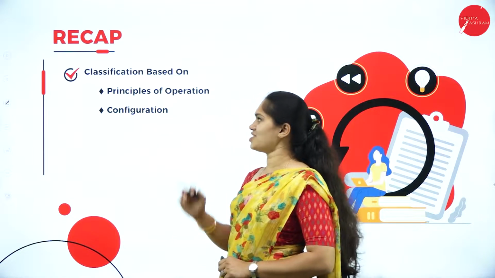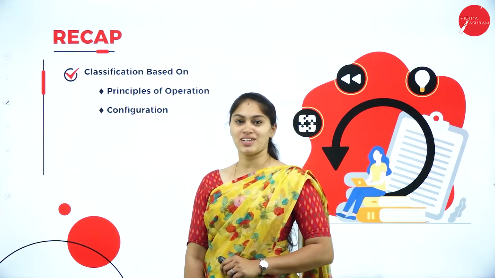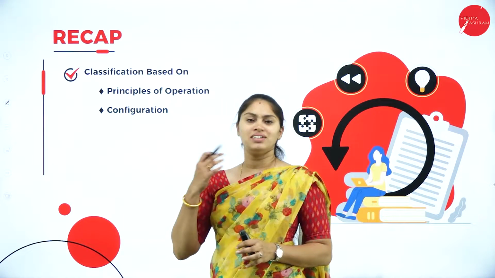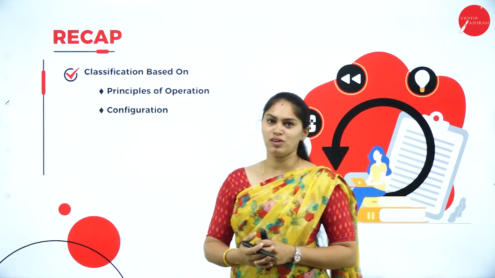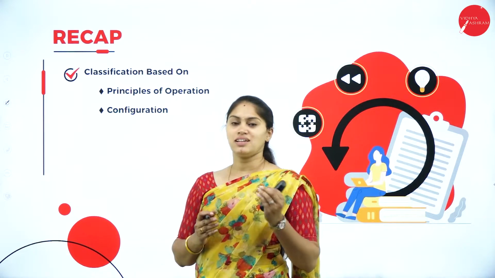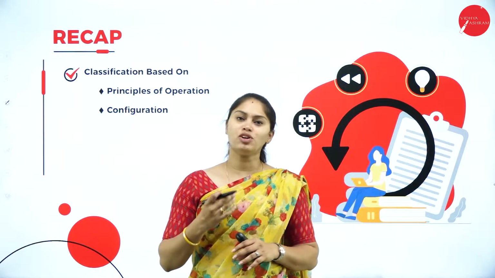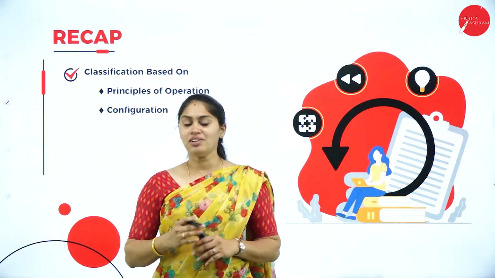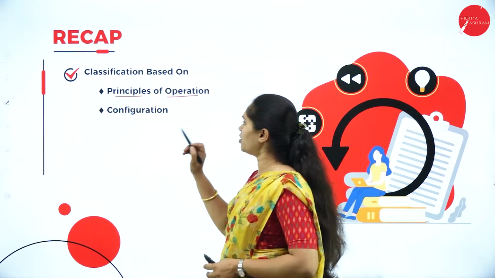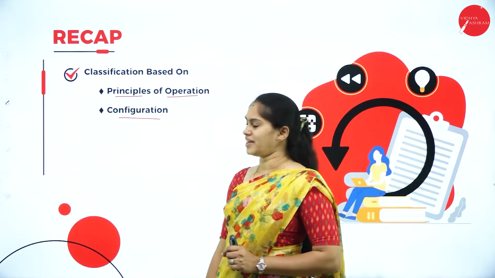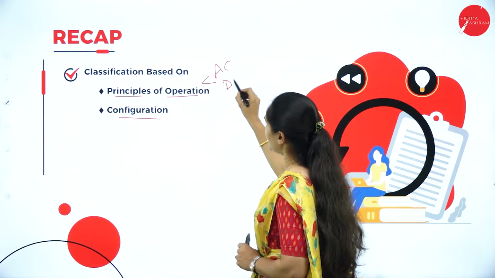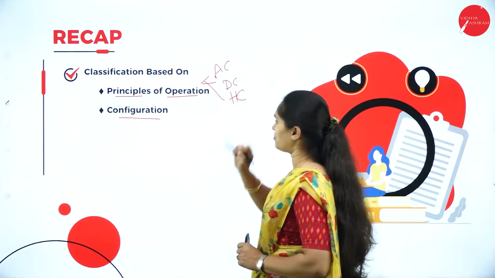As we know, in the last session of this unit, we discussed the classification of computers. Under that, we have different categories: based on the principle of operation, based on the size, based on performance and capabilities, and also based on the number of users and number of microprocessors. Amongst these, we are going to mainly concentrate on the principle of operation and configuration. In the principle of operation, we have analog computer, digital computer, and hybrid computer.